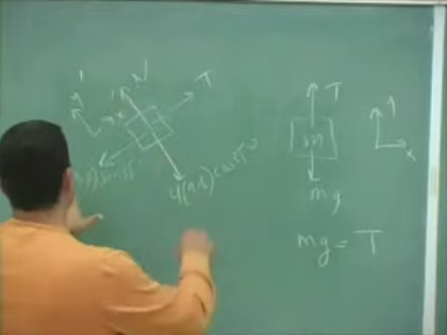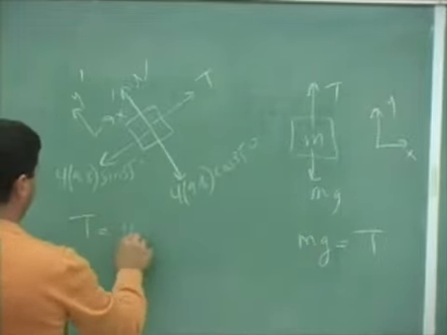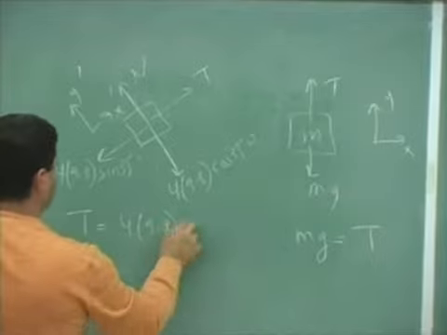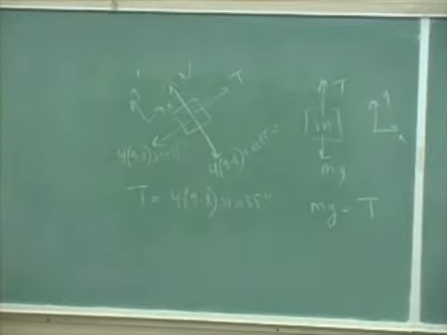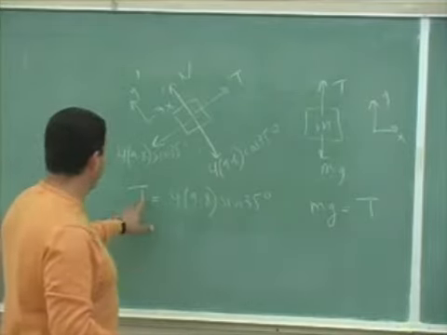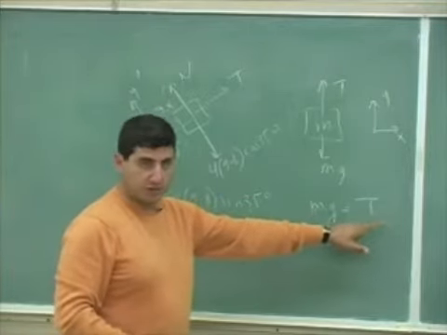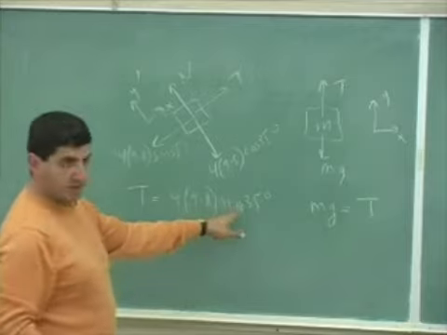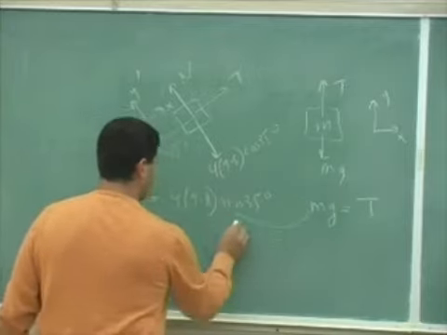So all we need to do is just set these two equal. T equals 4 times 9.8 times sine 35. So now we already know the T must be equal to that, and then mg needs to equal T. So therefore mg needs to equal this. So we can set these two equal to each other.